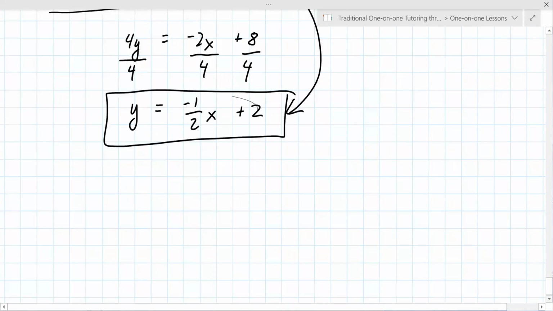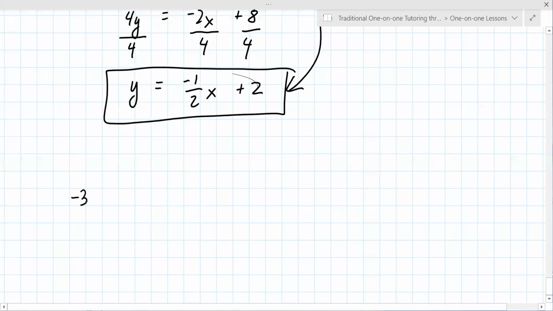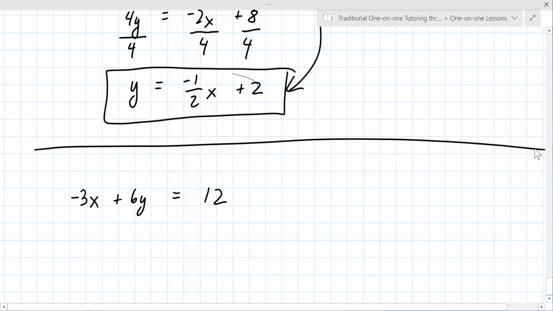So let's have you try another one here on your own. Will it always be equivalent? Yes. Okay, so try this one on your own, please. This is a slope intercept, correct?